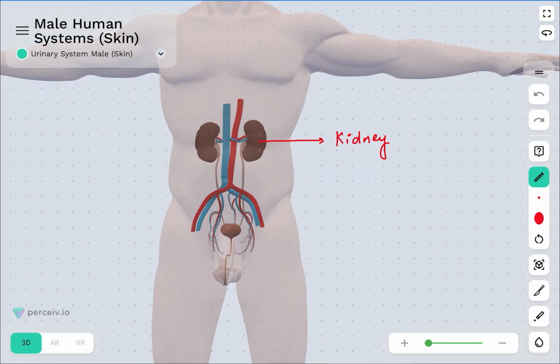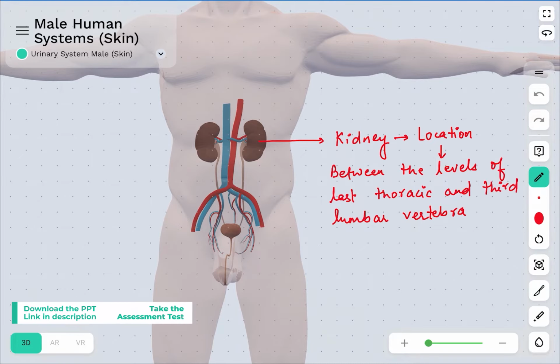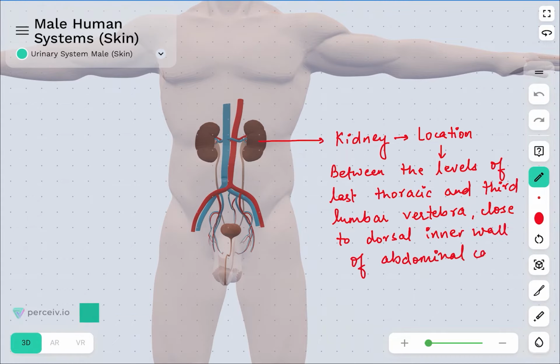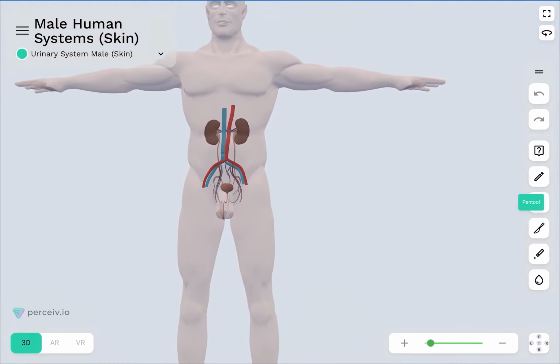If we see the location of the kidneys, they are located between the last level of the thoracic cavity and the third lumbar vertebra. Now what does this mean? This means that more or less they are closer to the dorsal inner wall of the abdominal cavity. So this is the location of the kidney. Now I'll show you how they are dorsally located.